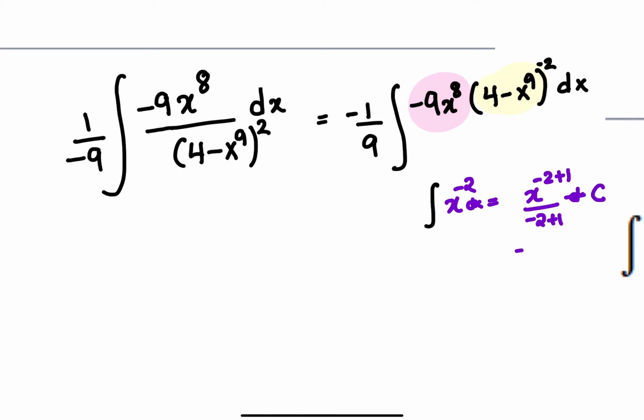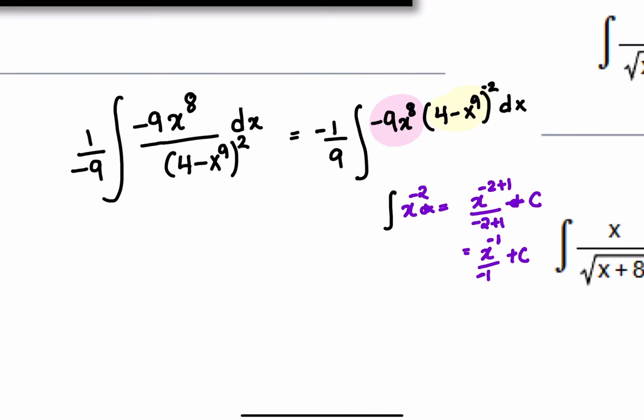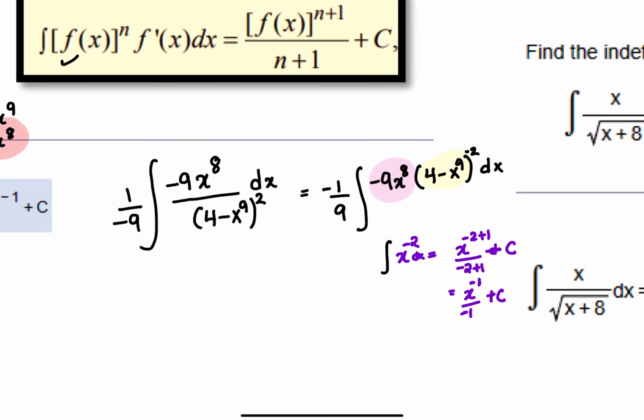So this is nothing but x to the power negative 1 over negative 1 plus c. Again, miss, I cannot think of all that. No worries, simply use your formula. So you do have your function to the power n. You do have the derivative. So it's simply function to the power n plus 1 divided by n plus 1 plus c. And that's exactly what you will be doing.